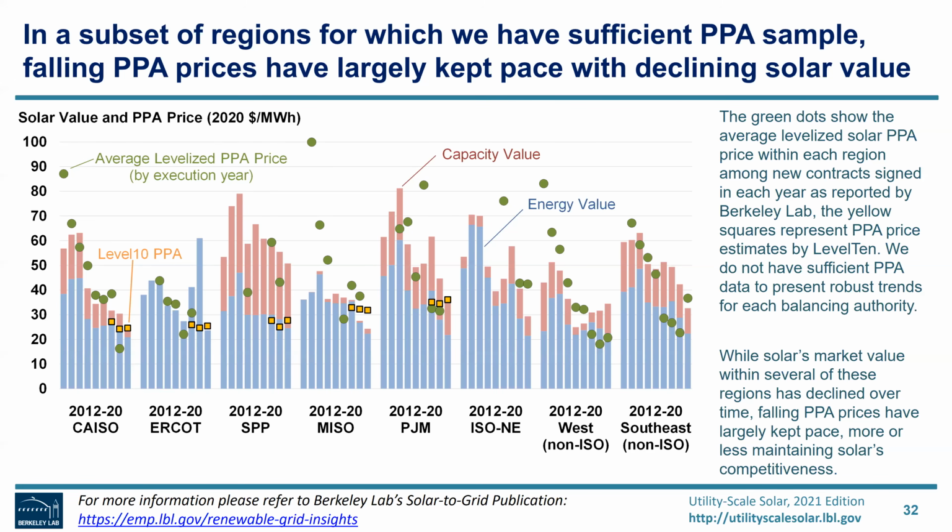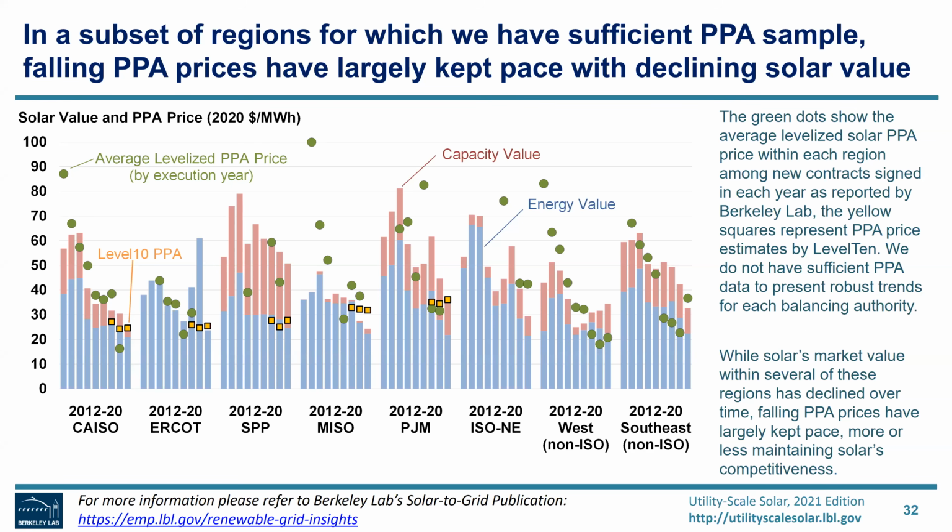Summing up that energy and capacity value for solar, the total value used to range from $40 to $80 a megawatt hour in most markets in the early years of 2012, 2014, but it declined thereafter. In 2020, the total market value ranged from the mid $20 per megawatt hour in ERCOT, MISO, and CAISO, up to $50 a megawatt hour in SPP, really driven there primarily by very high capacity values.